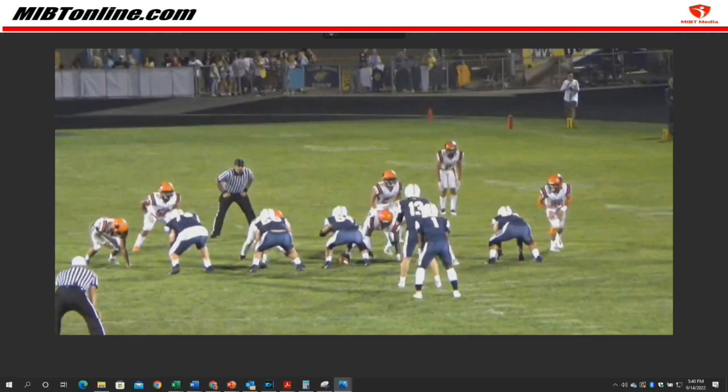You can see with normal splits, our tackle and our guard, our center, guard, and tackle. Normal splits would be in the free blocking zone. These 5 players are in the free blocking zone. You can see they've got their normal splits because remember, we're 4 yards this way and 4 yards this way.